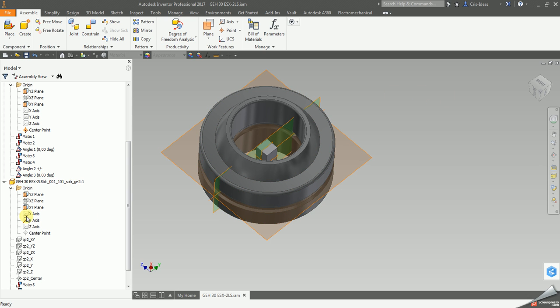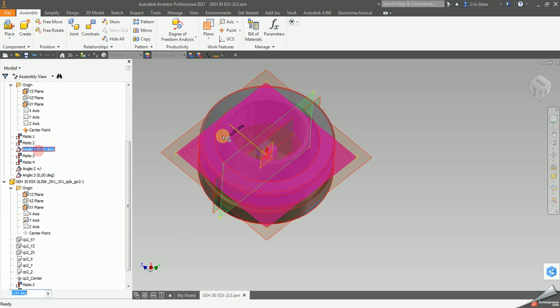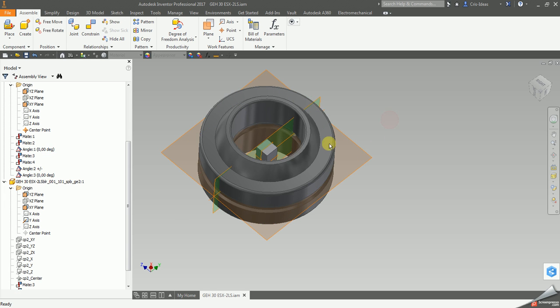Now what I will do, I will suppress the rotation constraint of the cube along the vertical axis of the inner ring, and this should allow this element only to go with the cube around the inner ring.